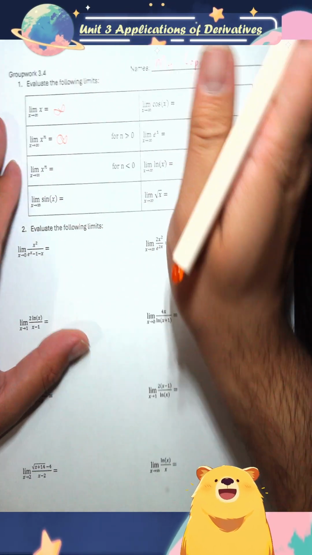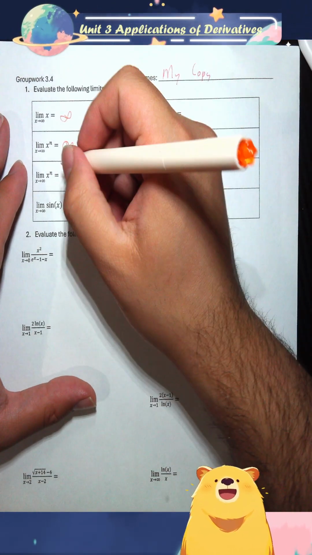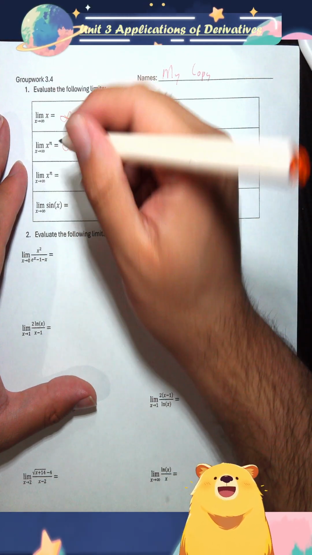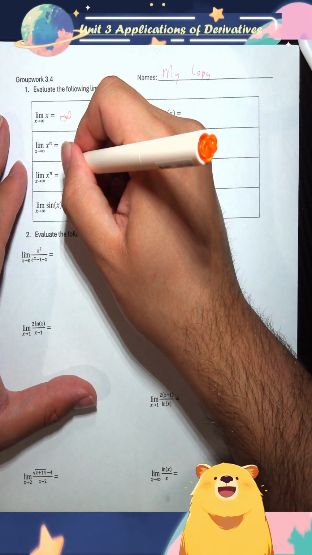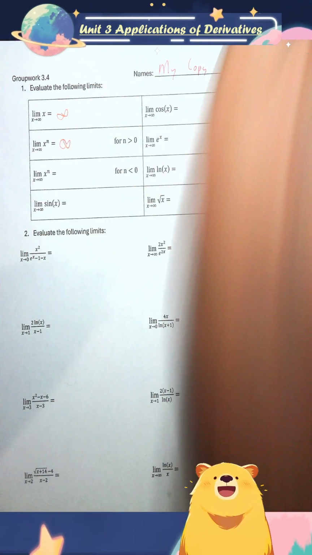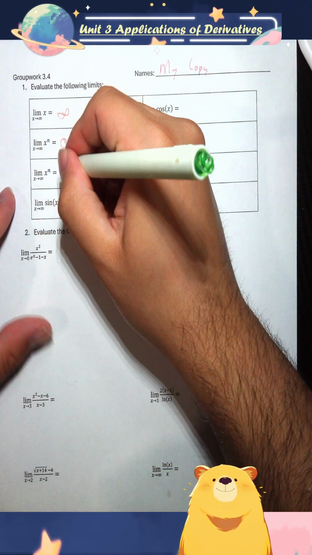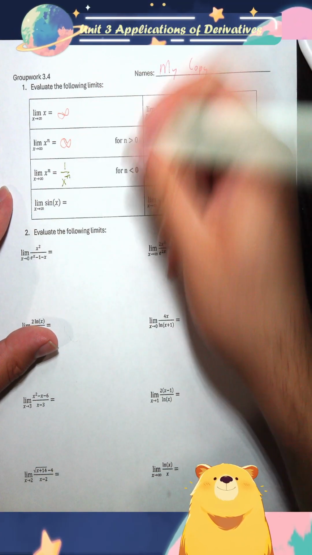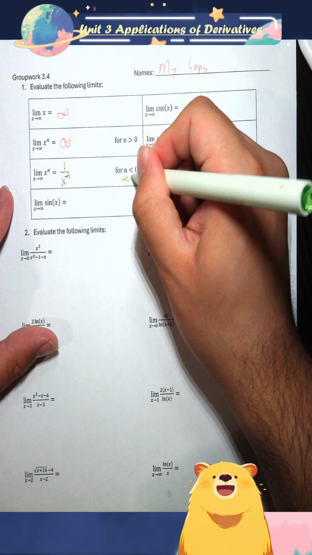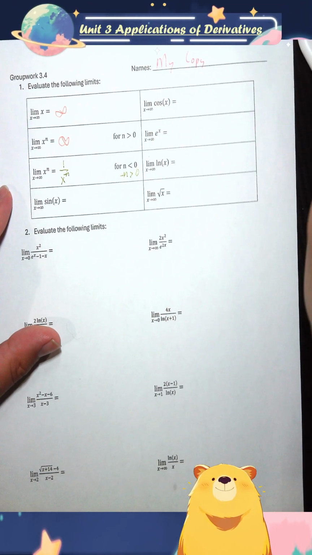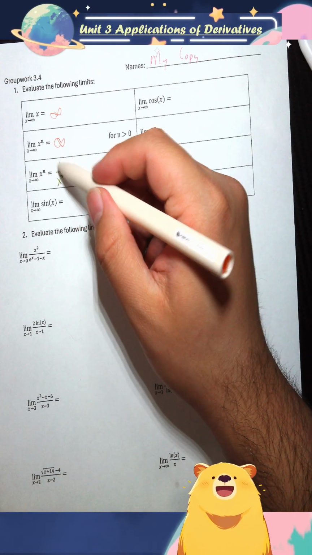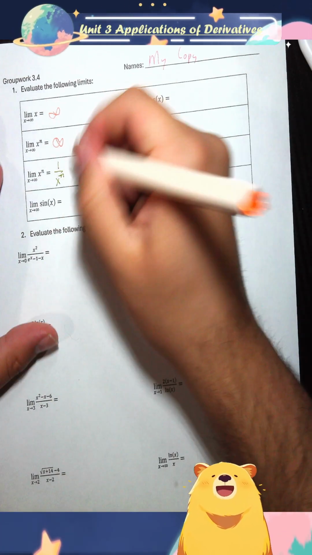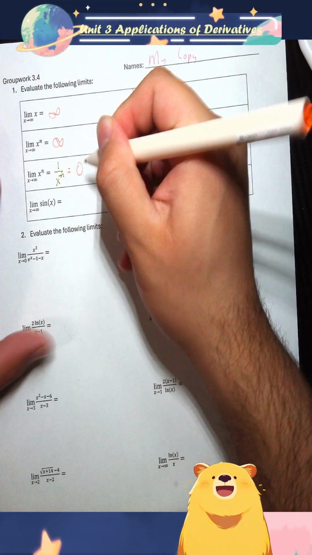So recall that we can use a quick exponent rule idea, which we can rewrite as 1 over x to the power of negative n. And by inequality, we know negative n is a positive number. So that means that if this is bottom heavy, then this solution is equal to 0.